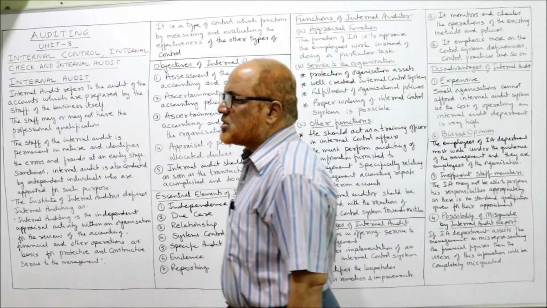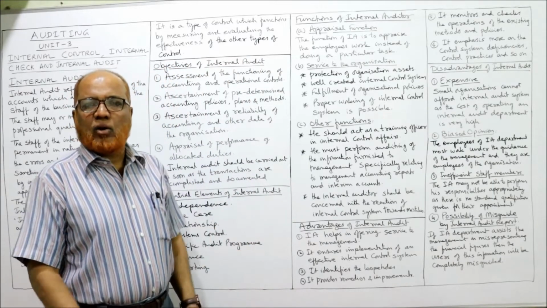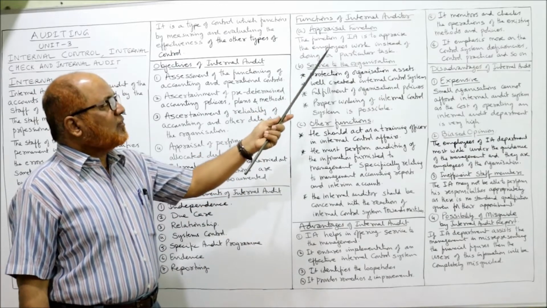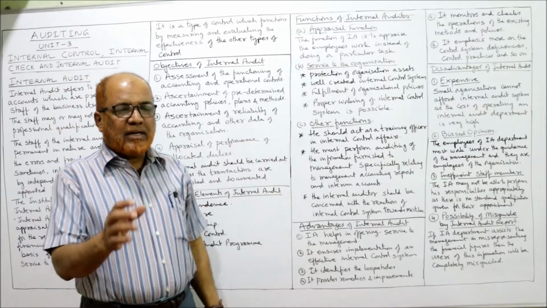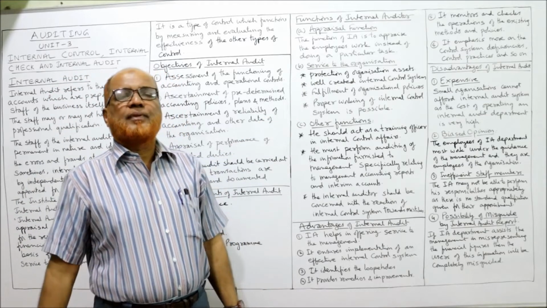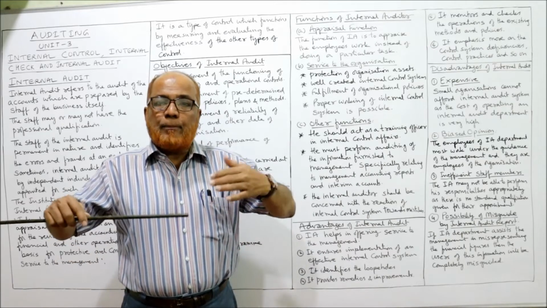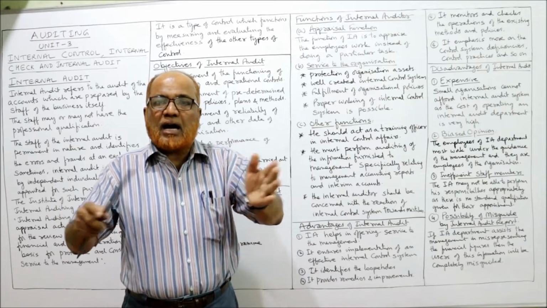Now, functions of internal auditor. What functions will the internal auditor perform? Appraisal function. The function of internal audit is to appraise the employees' work instead of doing a particular task. Appraisal function means the internal auditor should appraise, should study the work done by other people.